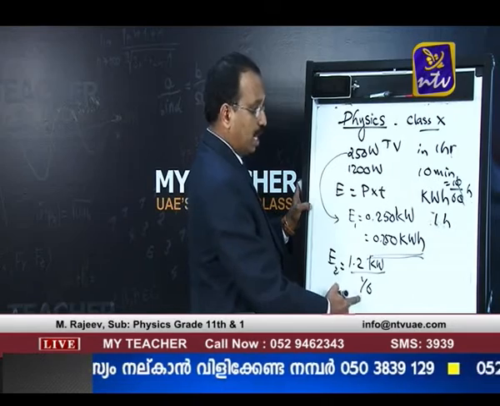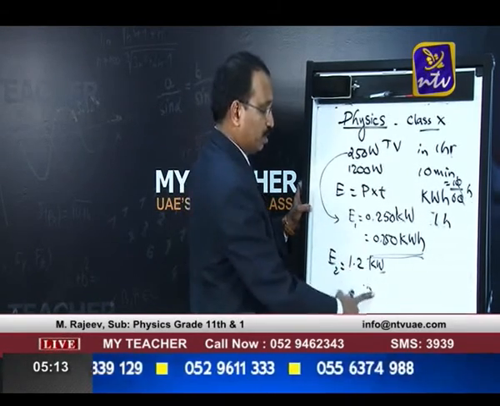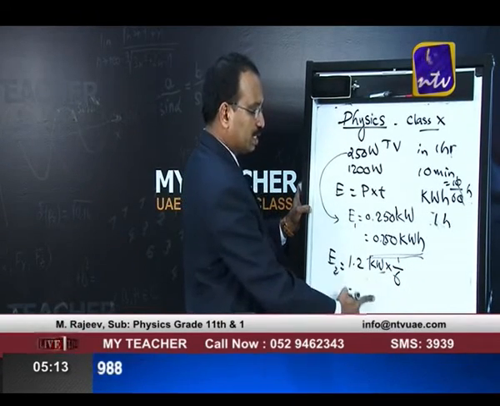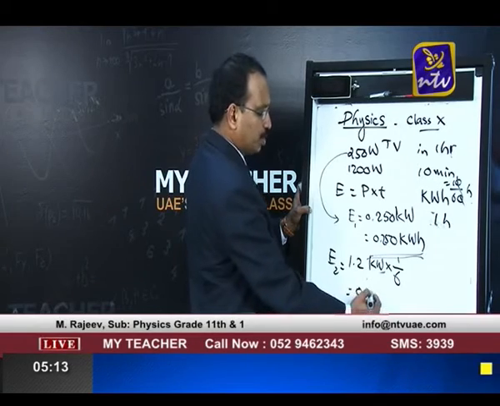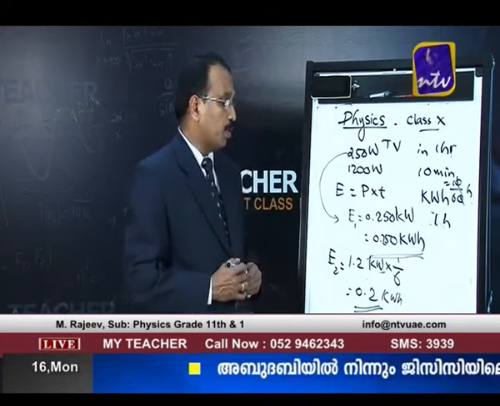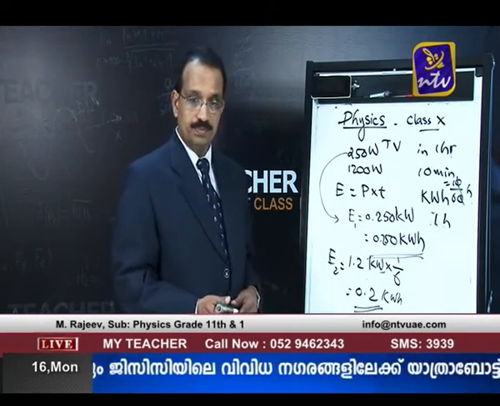This is in hours. You have to multiply it with time, which is 1 by 6. 1.2 divided by 6, you get 0.2 kilowatt hour. So, one is 0.250 kilowatt hour, the other one is 0.2 kilowatt hour, right.